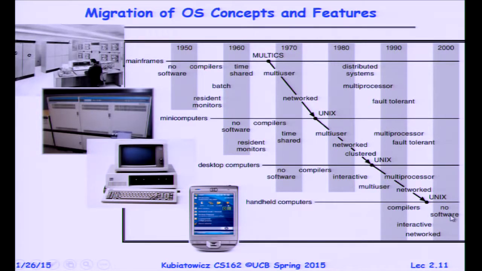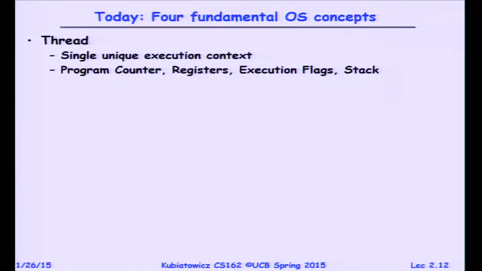Basically, my cell phone is running features that are very much like the OSs of way back when that filled rooms. Okay? So that's why we talk about these features. So things like multitasking, protection features, virtual memory, all of these things are in little devices today. Okay. So that's my very quick brush through history.